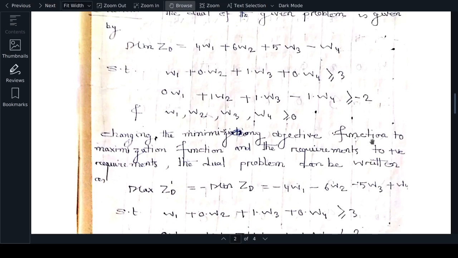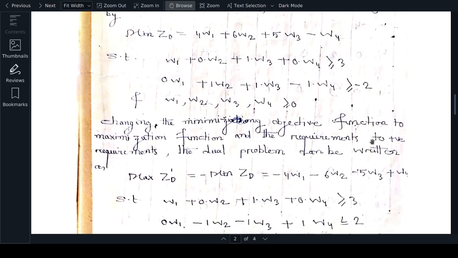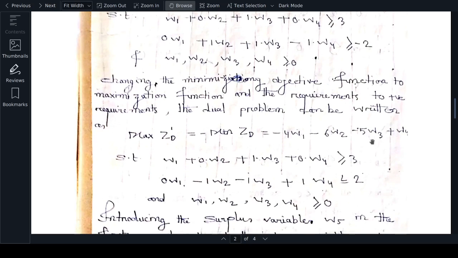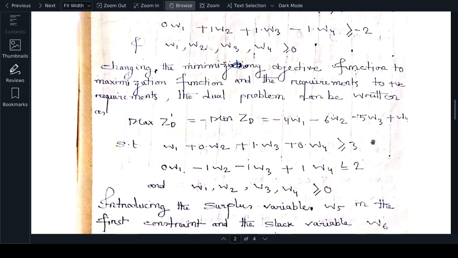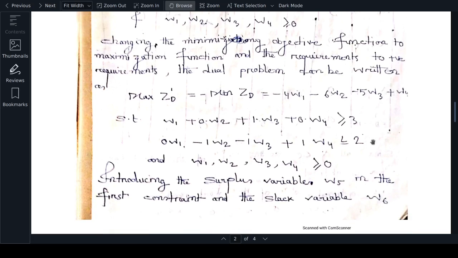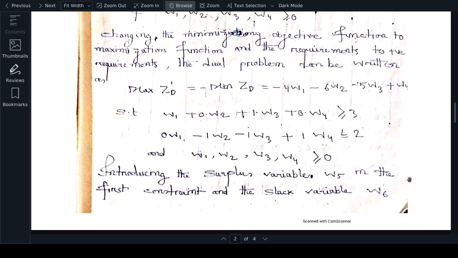In the first constraint, we use a surplus variable, and in the second constraint we use a slack variable. So here you see, introducing the surplus variable W5 in the first constraint and slack variable W6 in the second constraint.